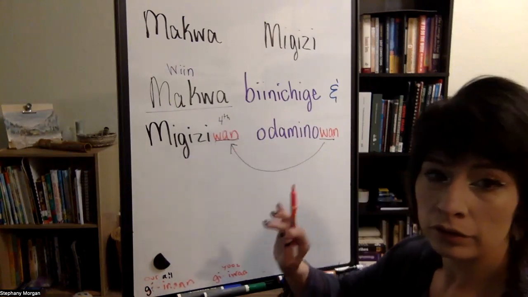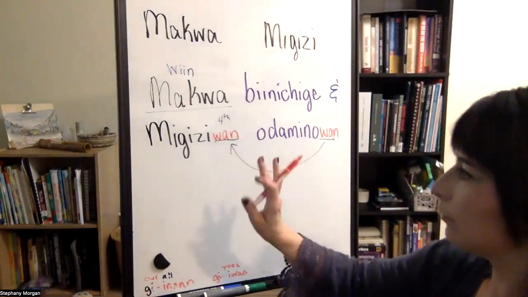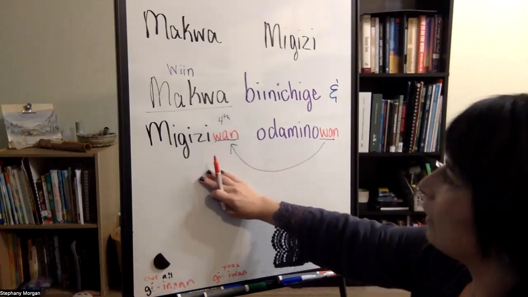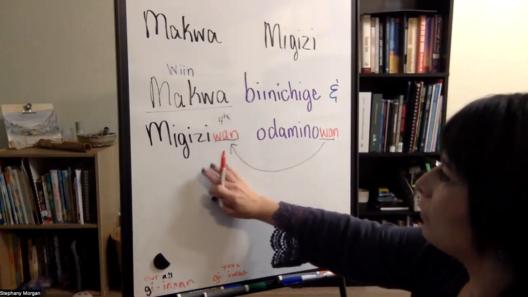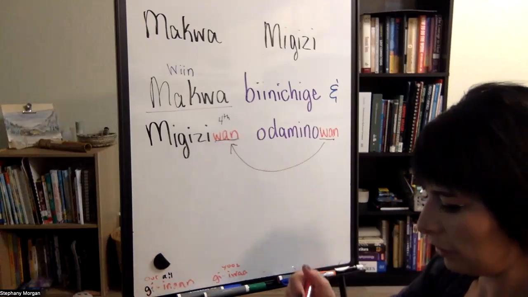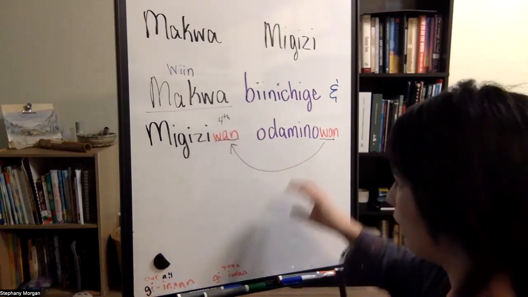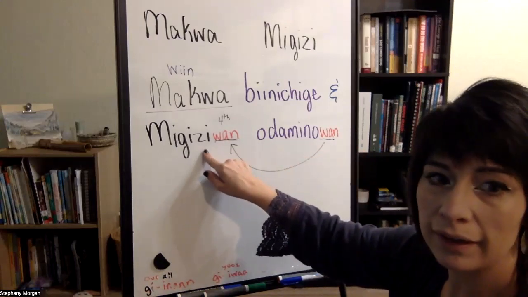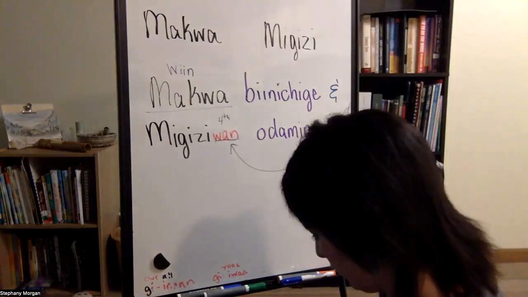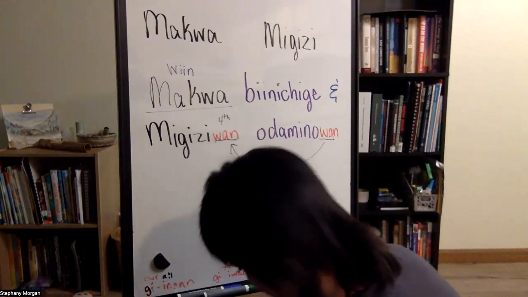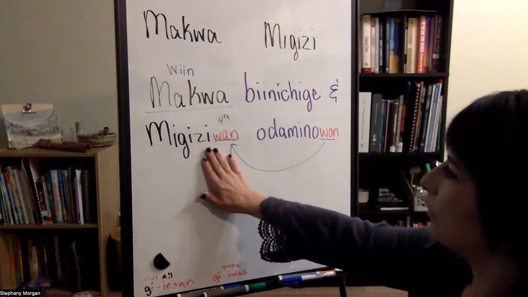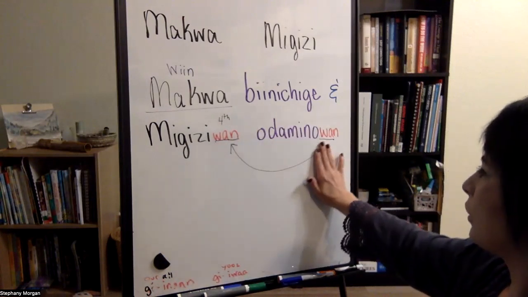Other times it won't. But in this case, when you're listening, Makwa binichige, minawa, Migizi-wan, odomino-wan. You know, based on the ending of odomino, that it is associated with Migizi doing that. So really, it's that easy. The name or the person gets this marker.